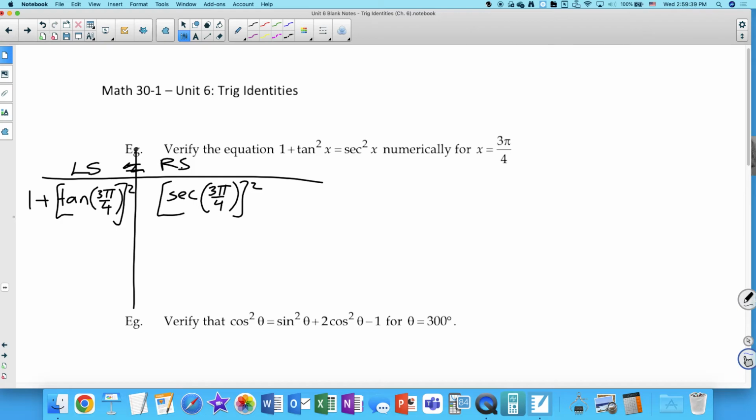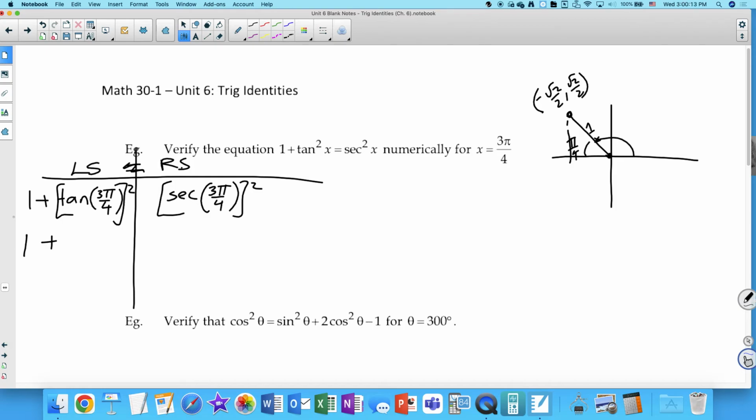Okay, so now I have to think in terms of my unit circle. Okay, here's 3 pi over 4, or special triangles, right? This is pi over 4. That's a 45-degree angle. So this point over here will be x is negative root 2 over 2, root 2 over 2, right? And the radius is 1 if it's on the unit circle. So this piece is just 1.